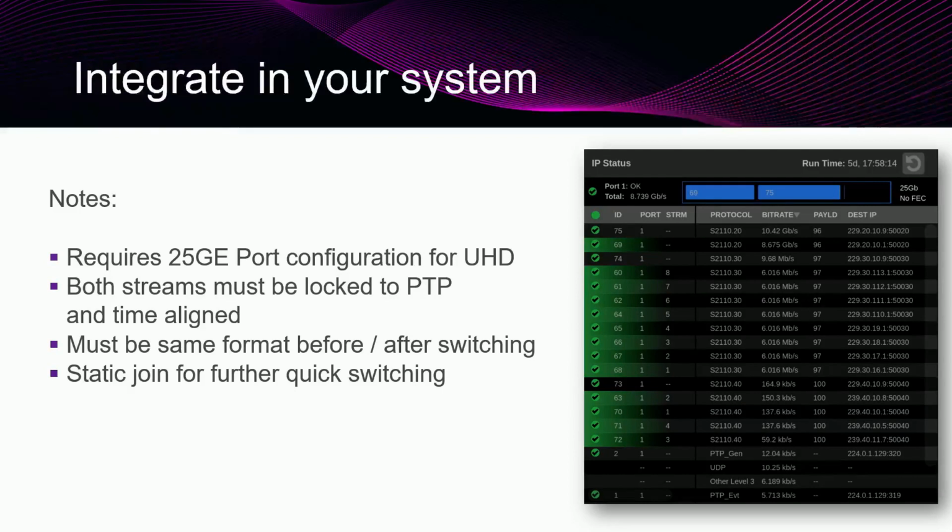It is because the UHD stream usually has 10 gigabits per second or around 10 gigabits per second, which requires a total of 20 gigabits per second for the MBB to be operational. But if you are just using HD at 3G or 1.5G, then probably a 10G port configuration would be enough. So depending on the format, you may choose the appropriate size of port configuration.